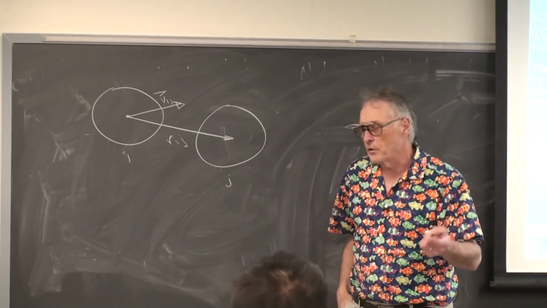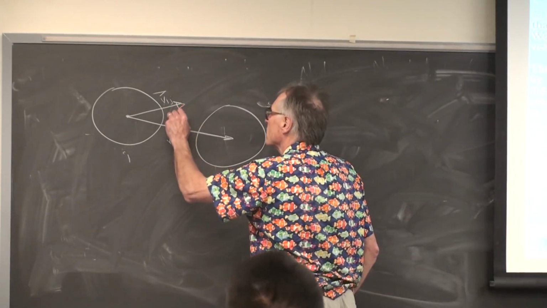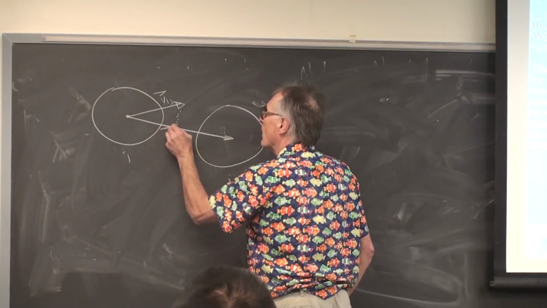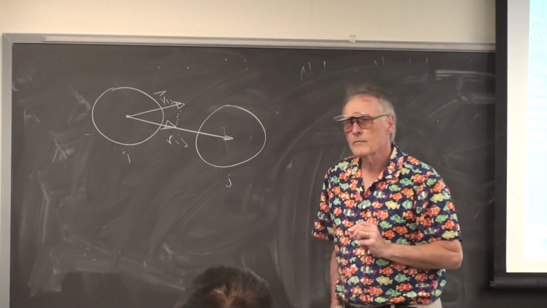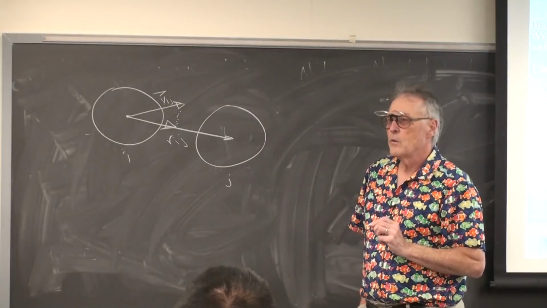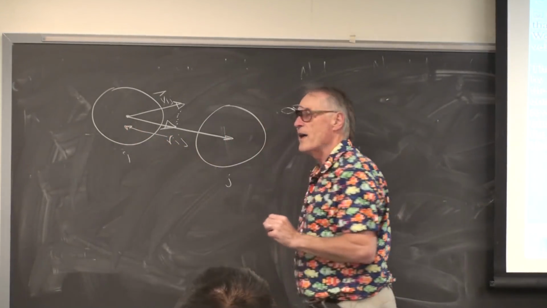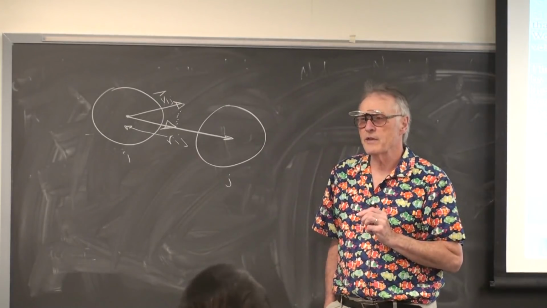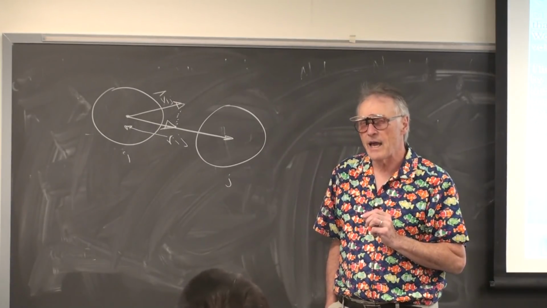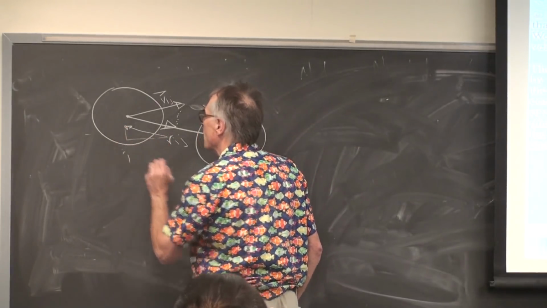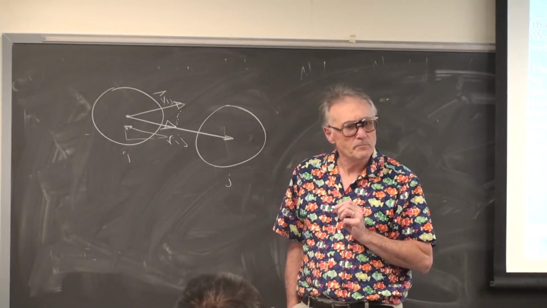So what we're going to do is project Vij onto Rij. Then we are going to negate it. That's the change in velocity after the impact. Then we're going to take that vector and resolve it back into xy.